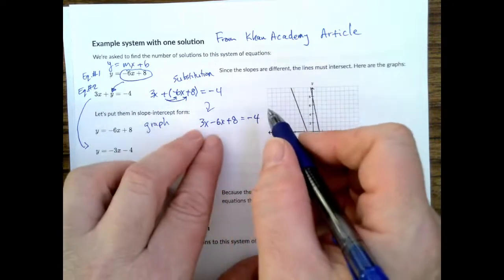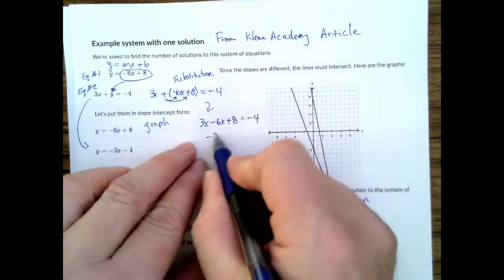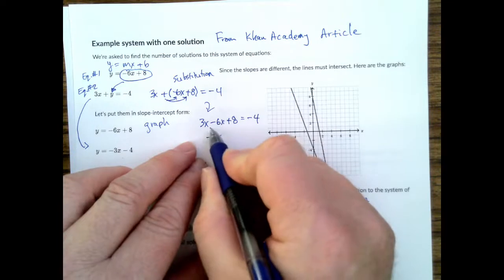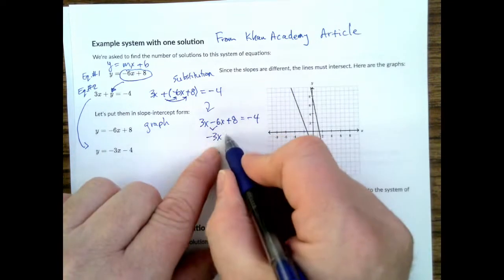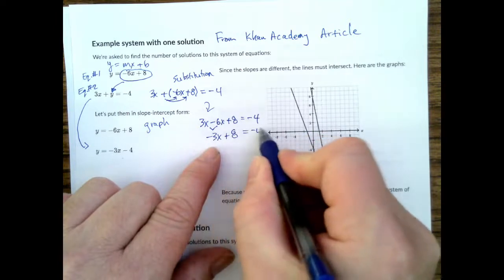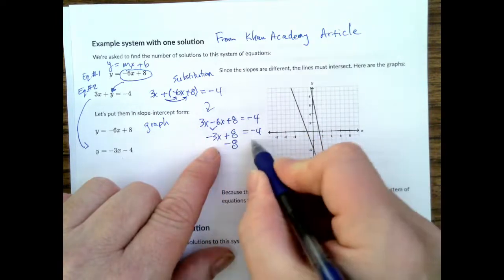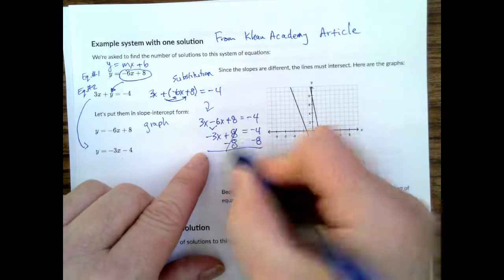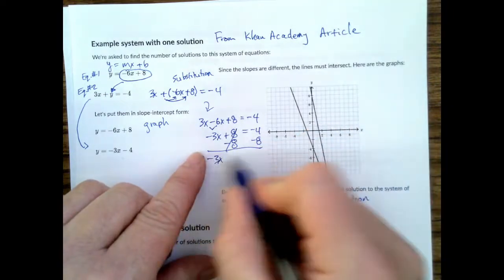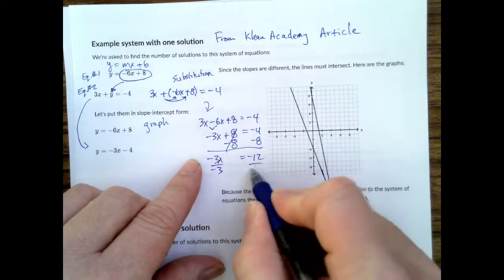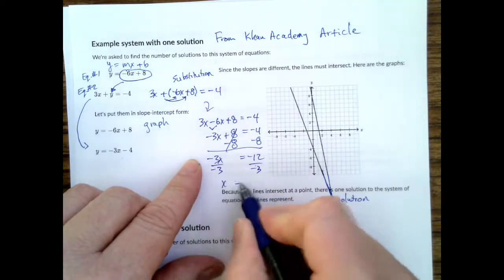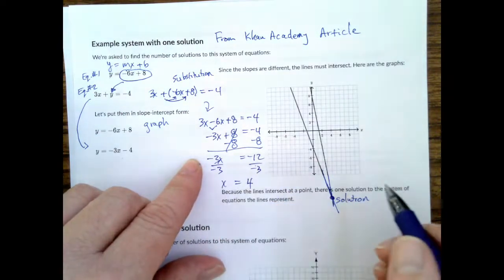I distributed, now I combine like terms. These two combine to make negative 3x. 3 minus 6, negative 3. Plus 8 equals negative 4. Subtract 8. And we have negative 3x equals negative 12. So I divide by negative 3, and I get x equals positive 4.